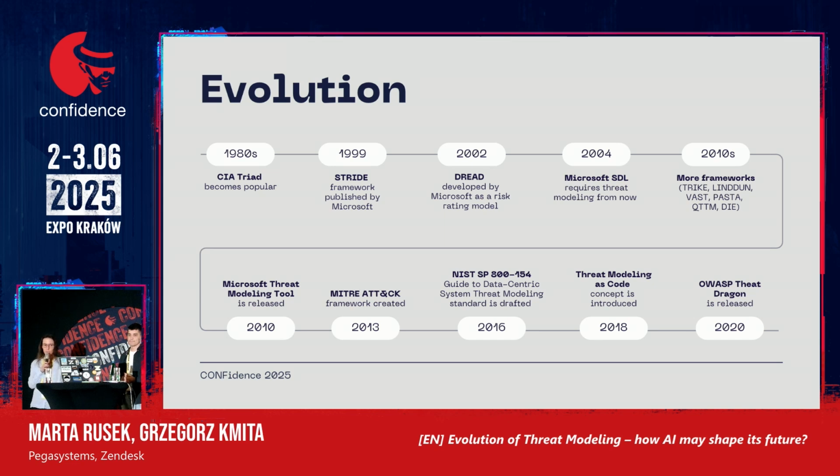Then, in 2000, new methods and frameworks have been created. And in 2004, Microsoft created the Security Development Lifecycle process. The last 15 years can actually be called a boom for threat modeling because we have a lot of new methods, frameworks, tools, standards, and approaches.